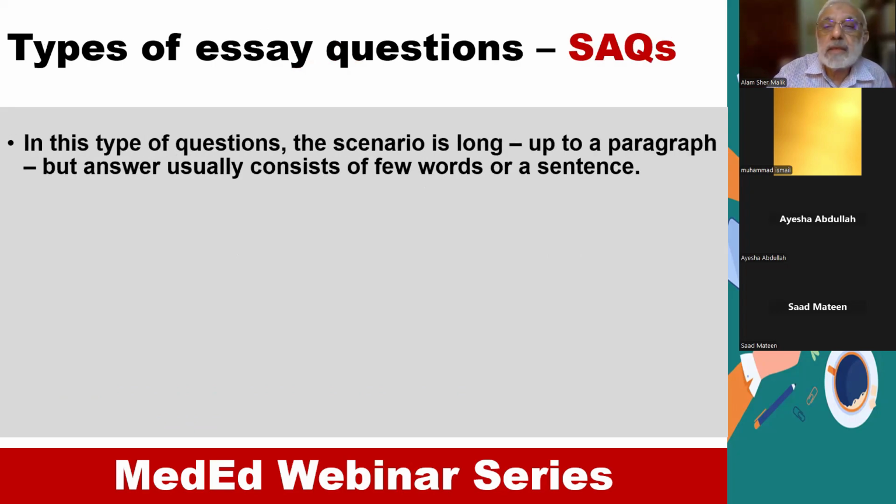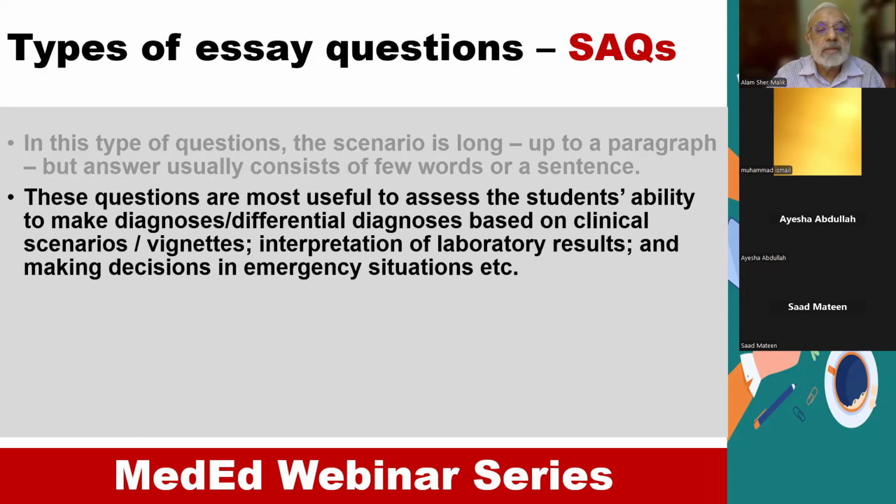So in the short answer question, the scenario is long, as we have just seen, up to a paragraph, but the answer usually consists of a few words or a sentence. These questions are most useful to assess the student's ability to make a diagnosis or differential diagnosis based on clinical scenarios, interpretation of laboratory results, and making decisions in emergency situations.